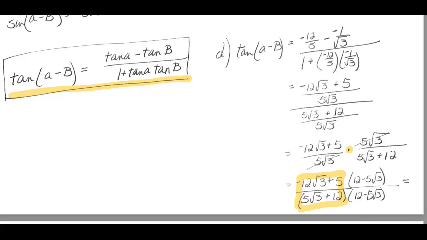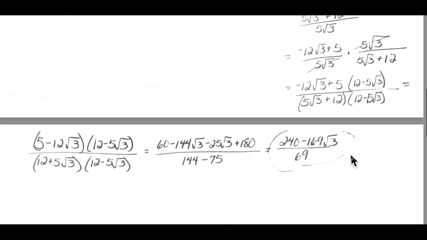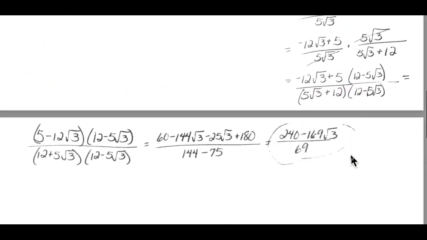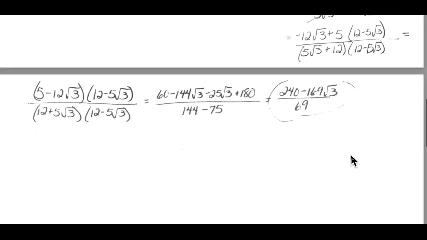Okay, so let me move up a little bit here, and we'll scroll up some. So I took the first part of the problem, and let's see if I can get back to something I marked. Change that negative 12 square root of 3 plus 5. I just wrote it down as 5 minus 12 square root of 3.